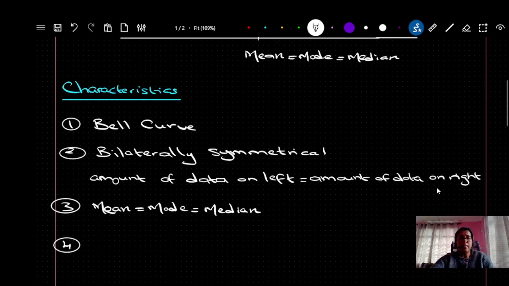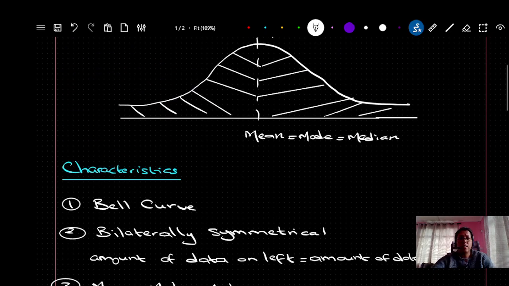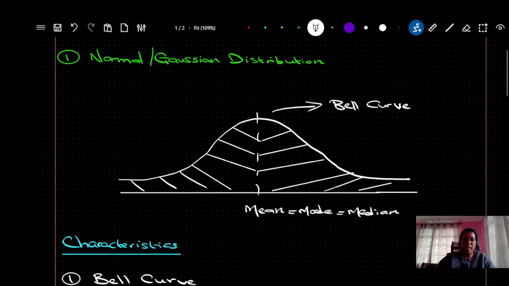The area under the curve. If you were to calculate the area under the curve, you will see that this area is equal to 1, always. This is another characteristic.